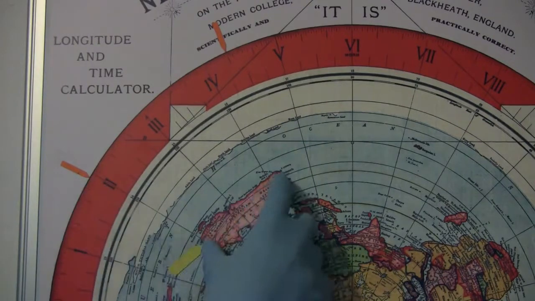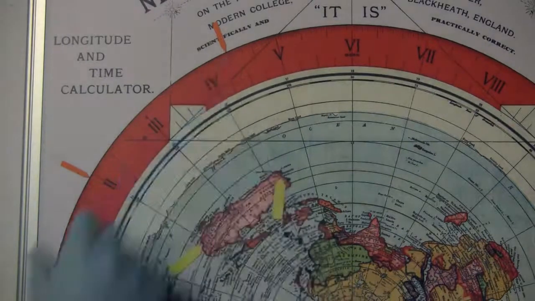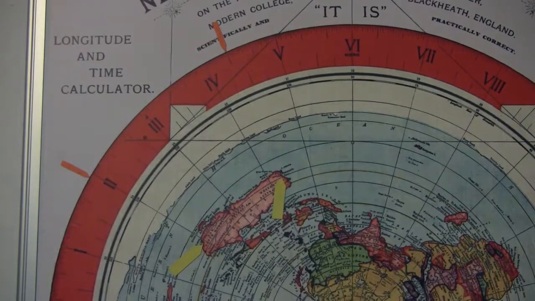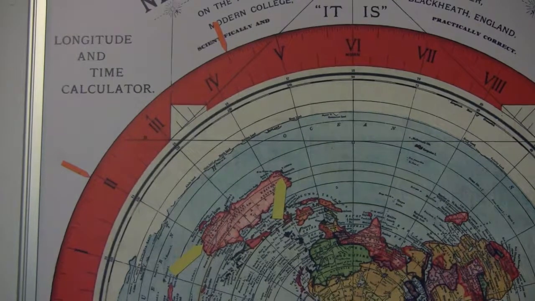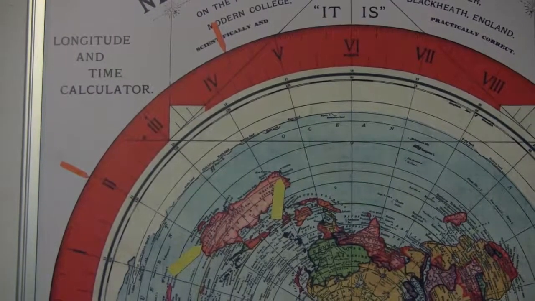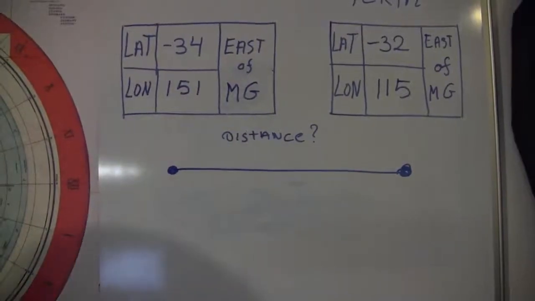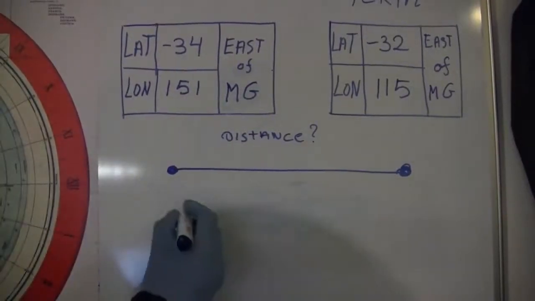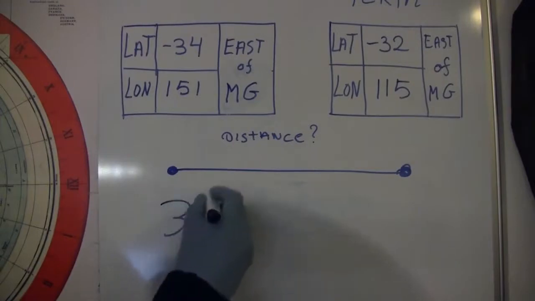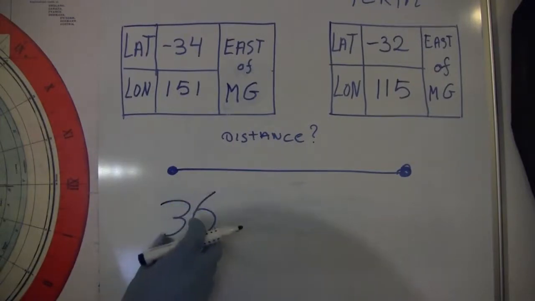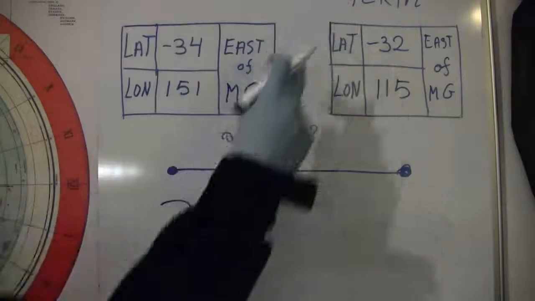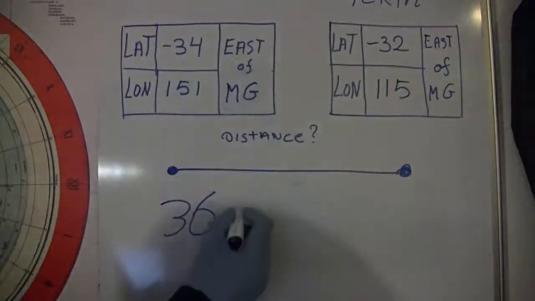So between Sydney and Perth we have 36 degrees. The real distance between Sydney and Perth is 36 degrees. That's the amount of degrees between Sydney and Perth.